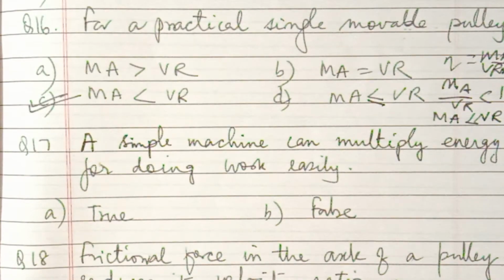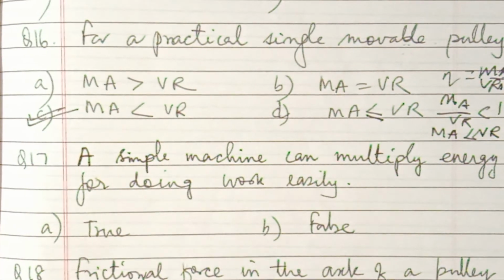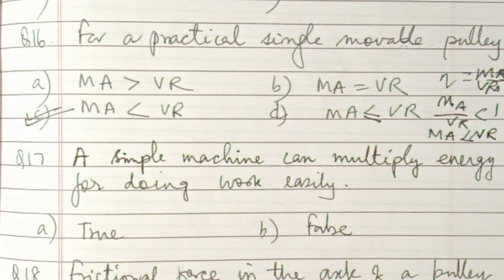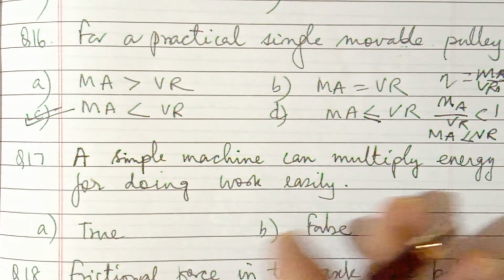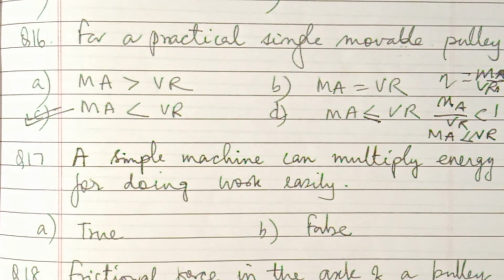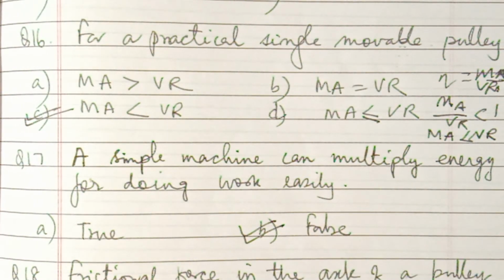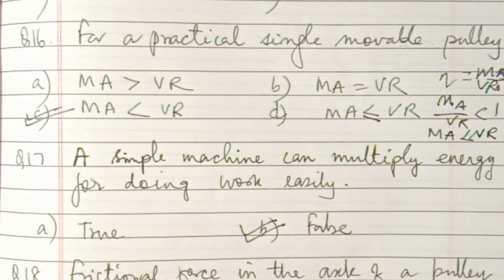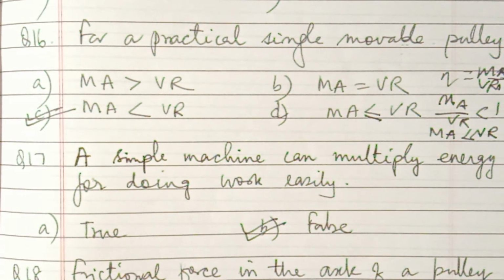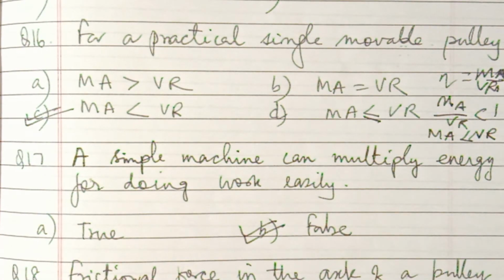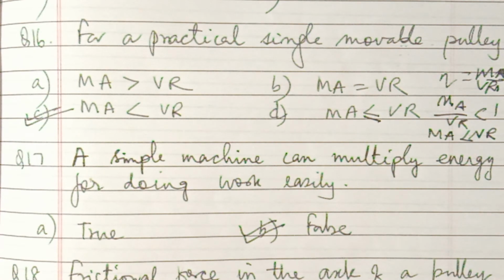Next, 17. A simple machine can multiply energy for doing work easily. This is false, because energy cannot be multiplied. If energy is increased or created by the machine, that will violate the law of conservation of energy.